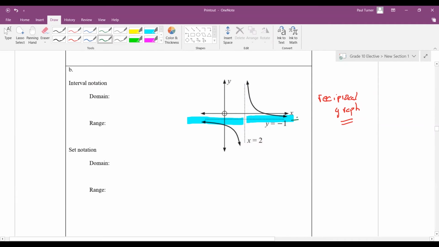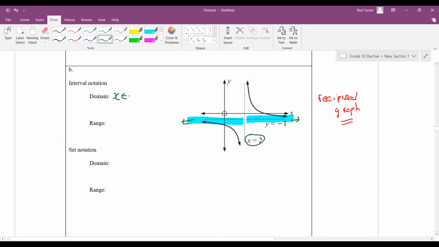So it's looking like we're going to infinity in both directions, like that. So how about your domain? X is a member of what? Isn't this all real X, isn't it? All numbers except this vertical asymptote here.